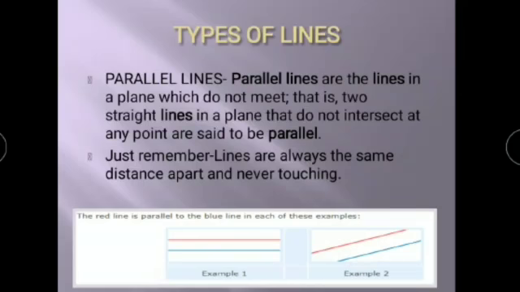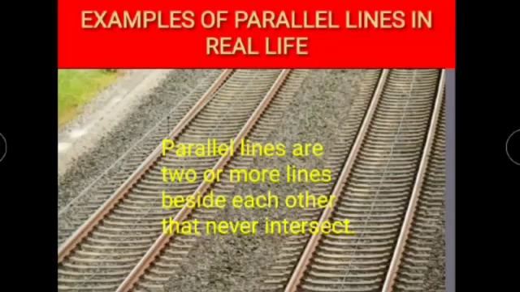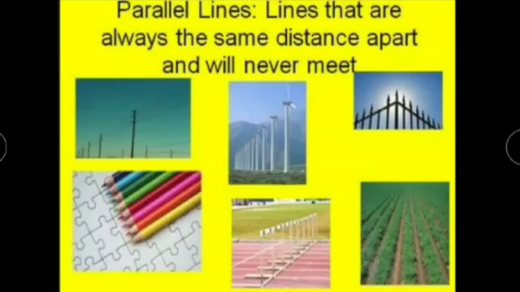The red line is parallel to blue line in each of these examples. Here are examples of parallel lines in real life. Lines that are always the same distance apart and will never meet.